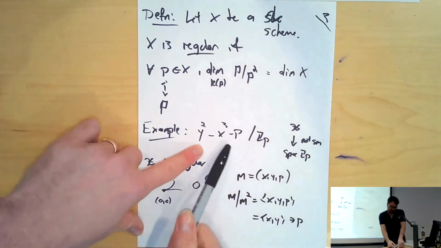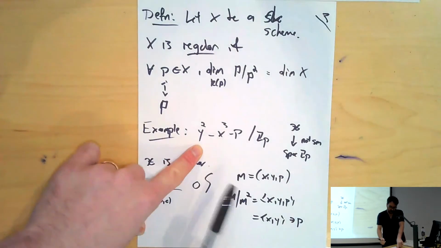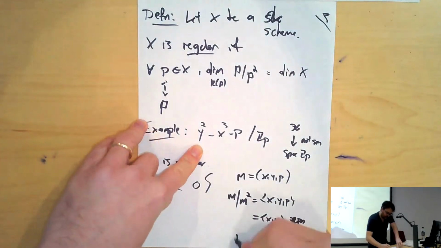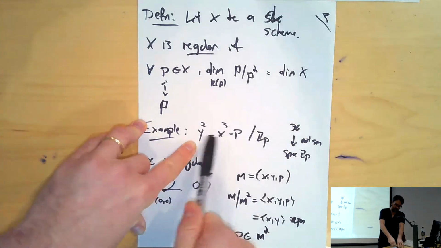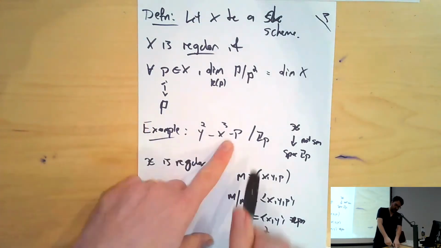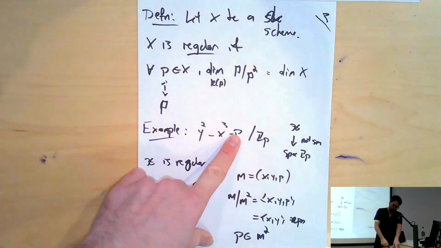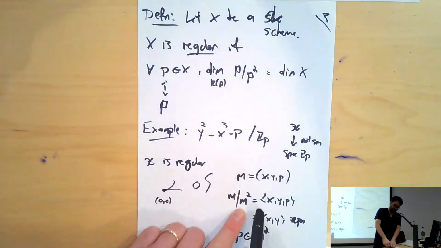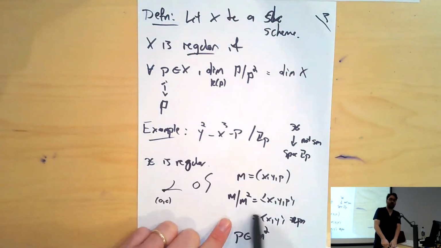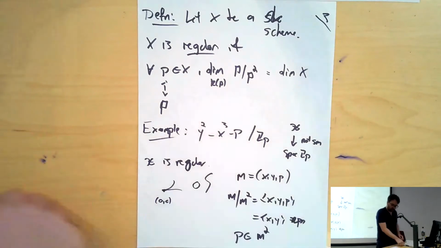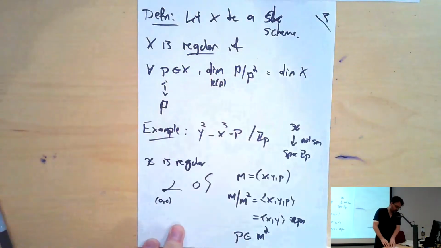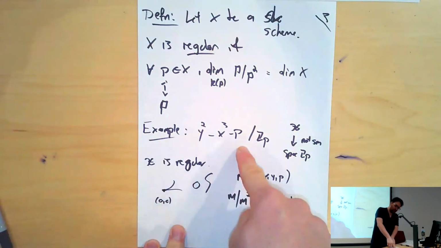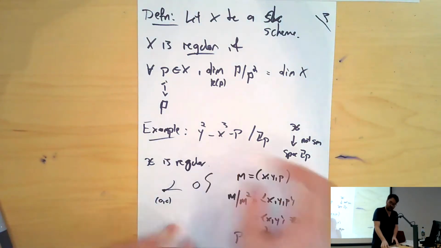Because of the defining equation, p is in m squared. Here it is as an element of m squared. On the other hand, if you put some power of p, then this part fails, and X is no longer regular. So instead of in terms of the tangent spaces and ideals, you can also understand regularity in terms of the local equations.